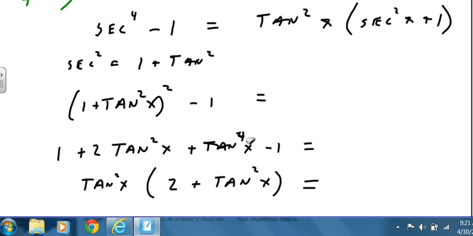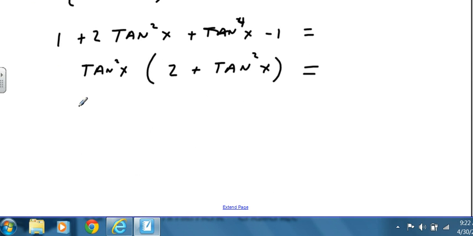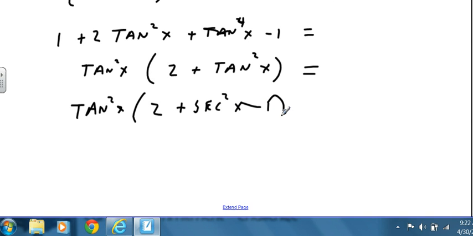All right, now, tangent squared x, I come back up to this guy and I see that tangent squared x is secant squared minus 1. So I'm going to come down here and say tangent squared x times 2 plus secant squared x minus 1 is supposed to equal what's on the other side of the equation.